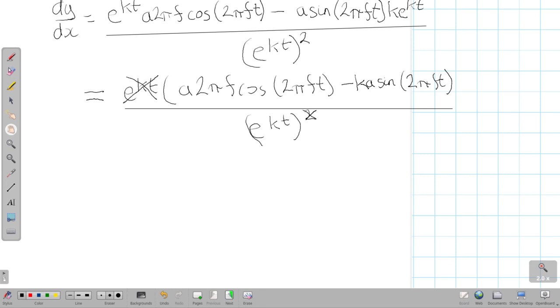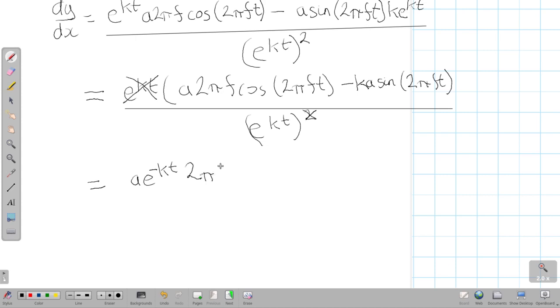And you can probably see where this is going now. So that means we end up with an e to the minus kt for this term being brought to the top, which means that that has to be a minus sign. So don't forget that, that's very important. That makes all the difference in the world.